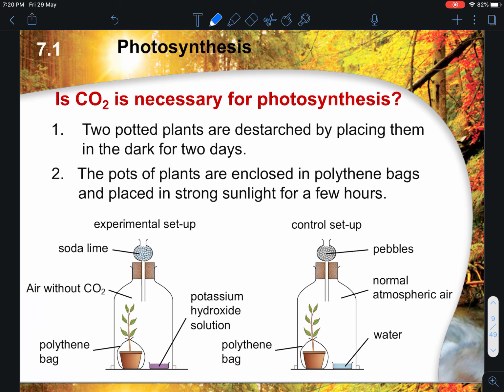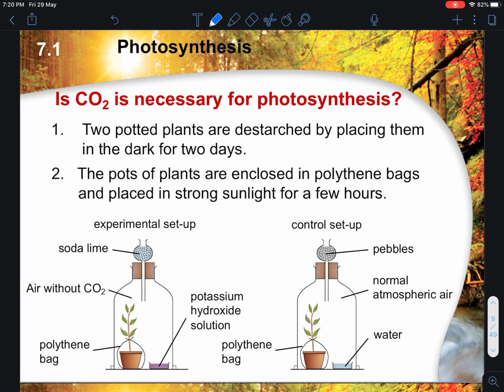A control setup is basically an area based on a normal environmental condition, whereas an experimental setup is where the area lacks a particular condition, or you adjust one of the conditions to do a comparison. The reason why we want a control is so that we can validate and compare that the condition we have changed does really affect the results. In this case, whether carbon dioxide really does influence the rate of photosynthesis.